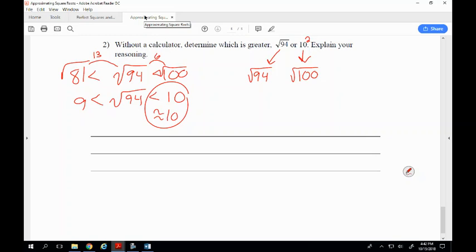So the square root of 94 is going to be smaller than the square root of 100. Okay? So again, 10 is greater than the square root of 94. And I proved that to you in 2 different ways. Okay? All right, so that will wrap up our notes here for 1.9.